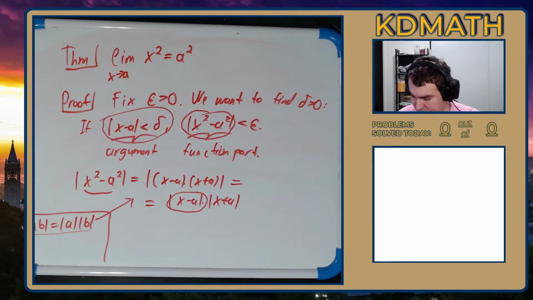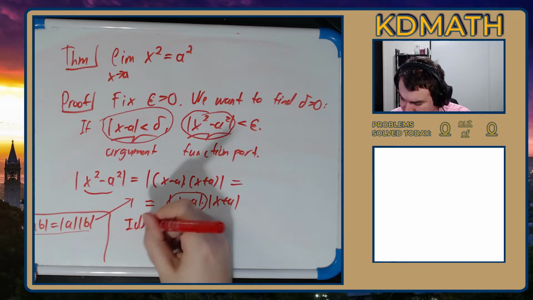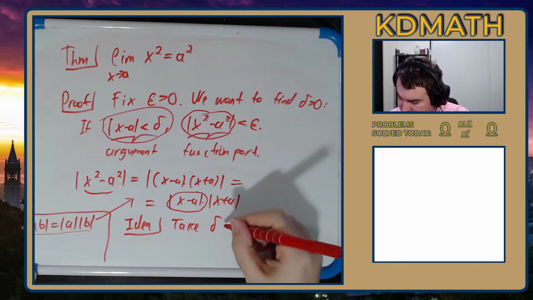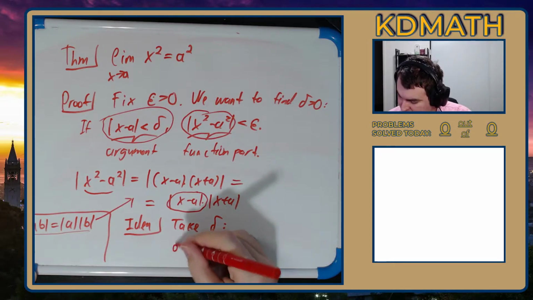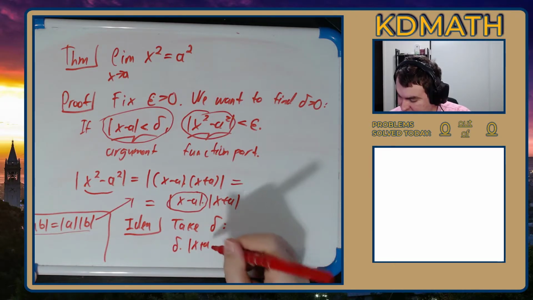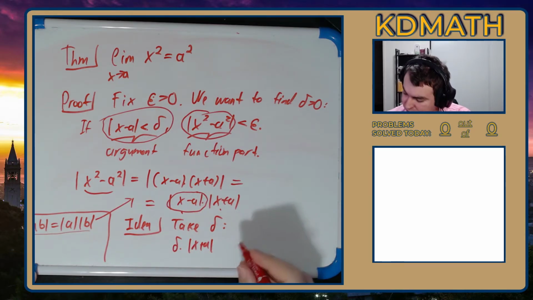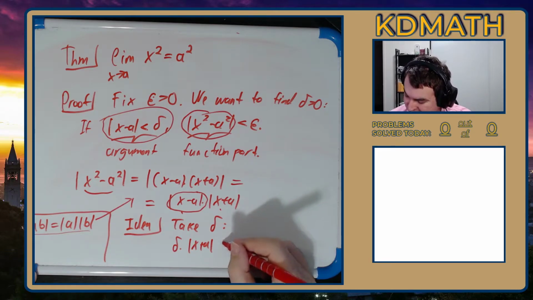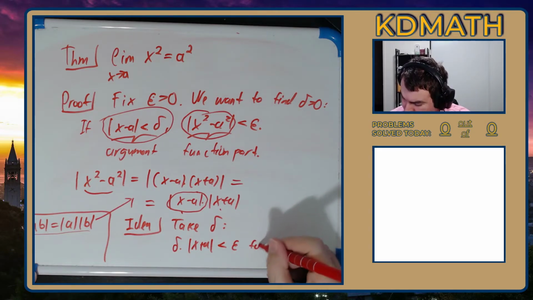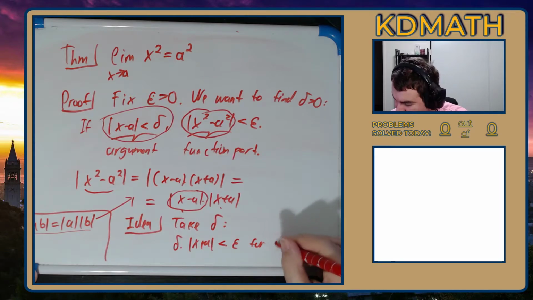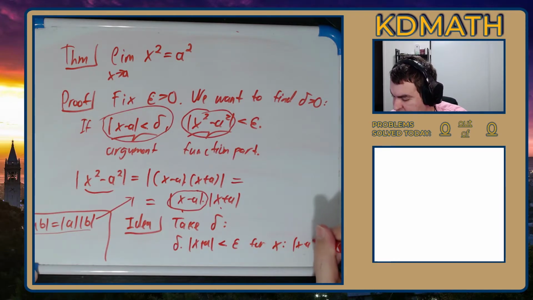Okay. So now the idea here is to take delta such that delta times the absolute value of x plus a is less than epsilon, for the x's, let's write this in words, for x such that the absolute value of x minus a is less than delta.